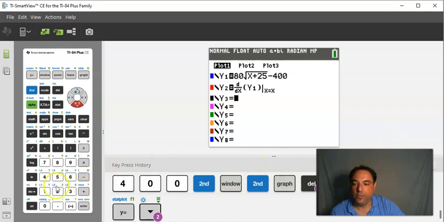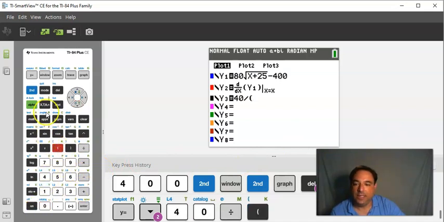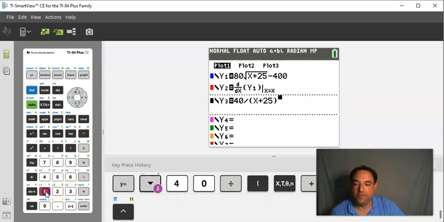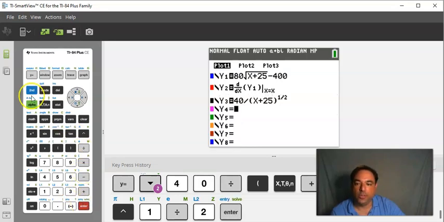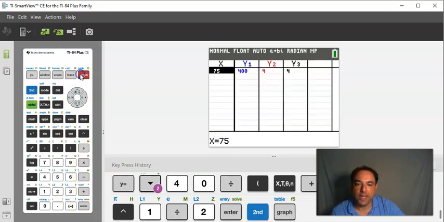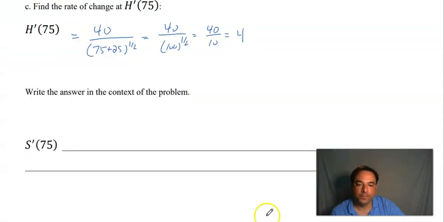So the derivative would be 40 divided by parenthesis x plus 25 parenthesis, raised to the 1/2 or 0.5, or you can put square root of x plus 25. It's all the same. To make sure we're correct, when we go to the table, second graph at 75, notice we get 4 and 4.